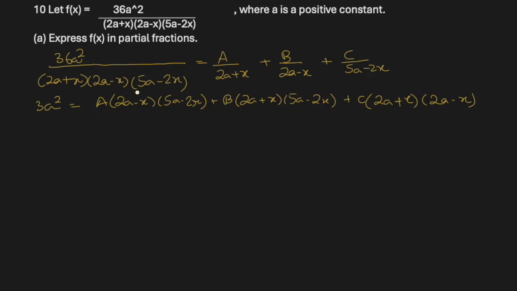First we should neutralize this particular bracket. So let's assume x equal to 2a. So it becomes 2a minus 2a, right? And that will make it 0. That is the purpose.